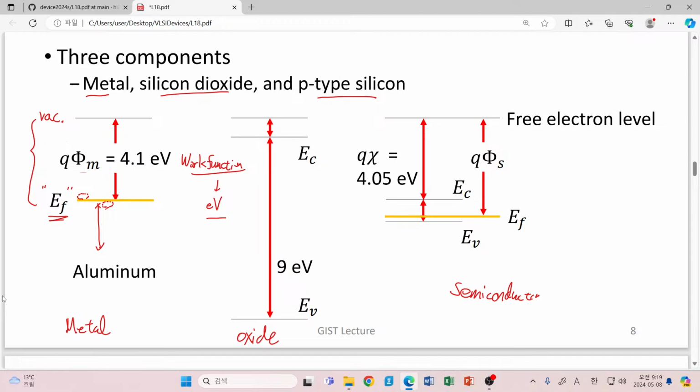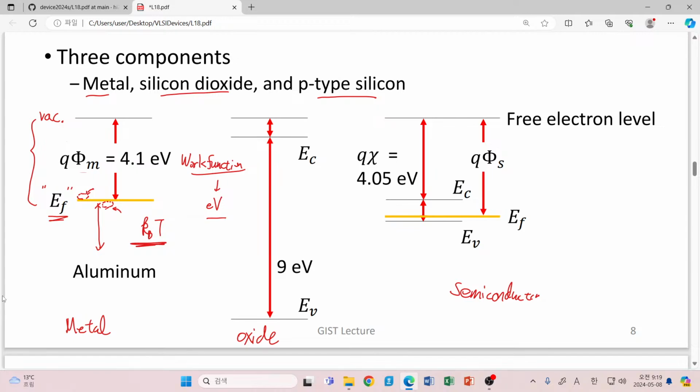However, please think about the energy scale. What was your energy scale for these small additionally filled states and small additionally empty states? You remember that its energy scale was just kBT. This is thermal energy, and at room temperature its scale is just 25 milli electron volt.